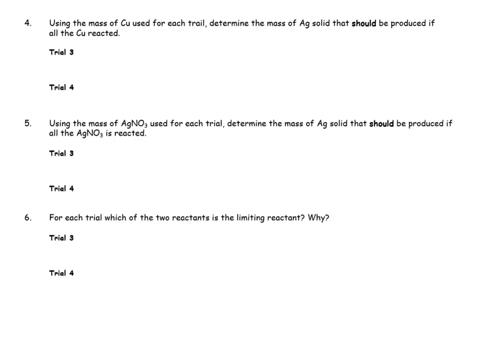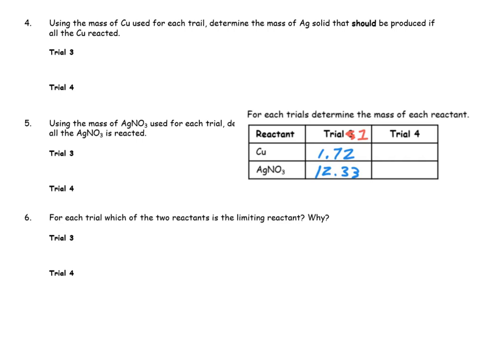On to the calculations. Number 4. Using the mass of the copper used for each trial, determine the mass of the silver solid that should be produced if all the copper was reacted. Now, you'll have to do this calculation for each trial 3 and trial 4, but we'll give you some hints for trial number 1.